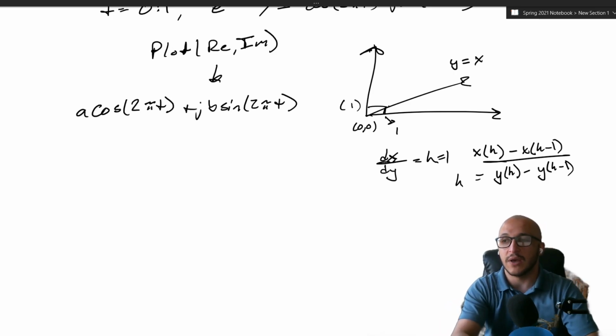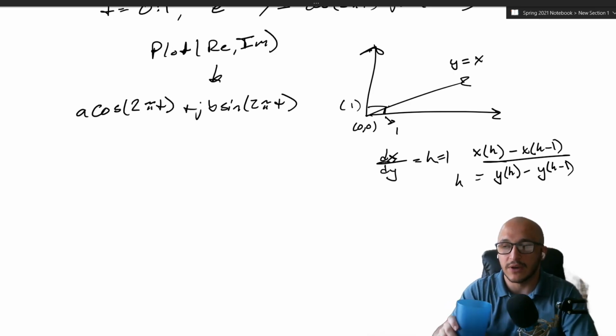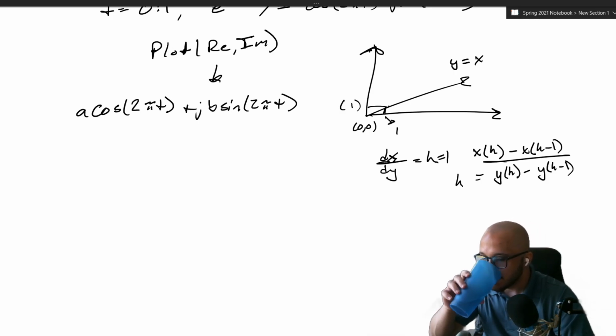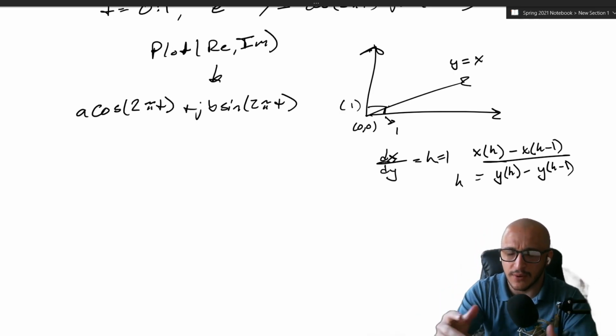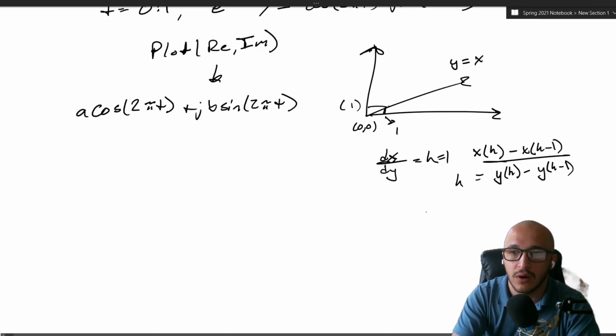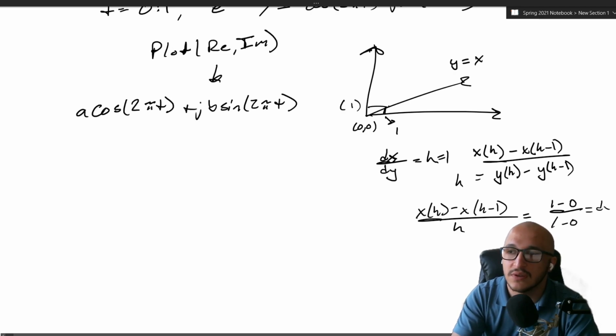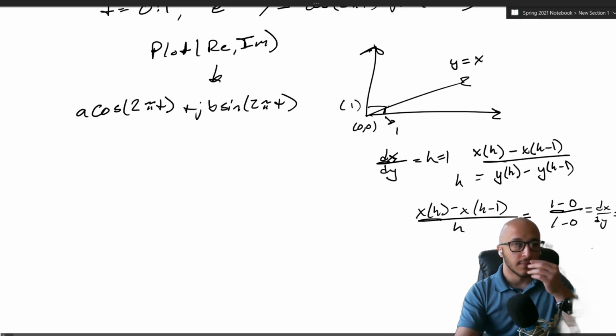This is more from a computer science point of view, from a numerical analysis point of view. This is a more exact way to represent it. But typically, it would be x of h minus x of h minus 1 over h, where here it would be 1 minus 0 over 1 minus 0. So dx over dy equals 1.